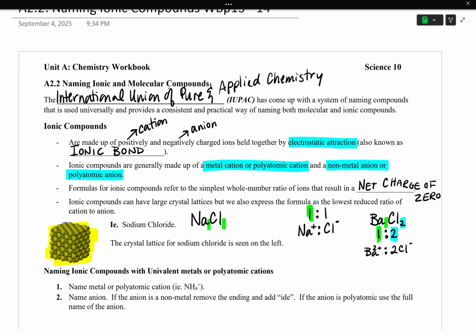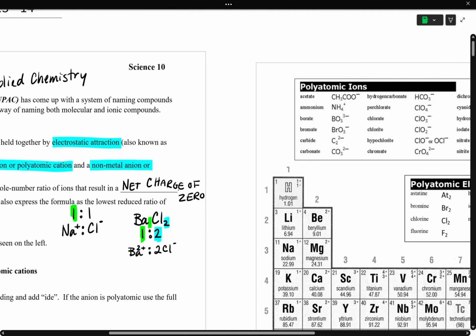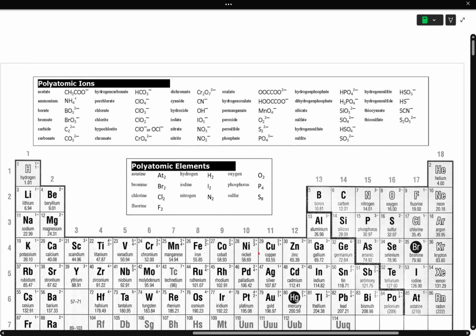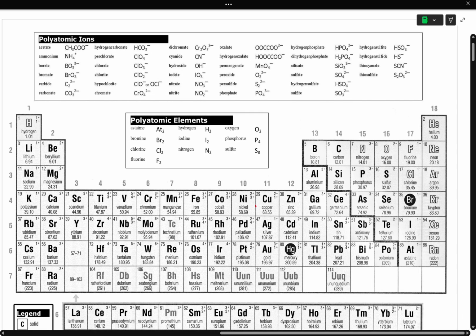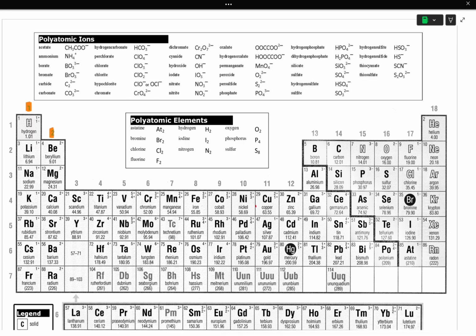So, when we are looking at naming ionic compounds, we're going to look at the ones that are only univalent. Univalent, uni is 1 charge. If you look at your periodic table, we are looking at the elements in group 1, group 2, group 3, because all of these have charges that have only 1 possibility.